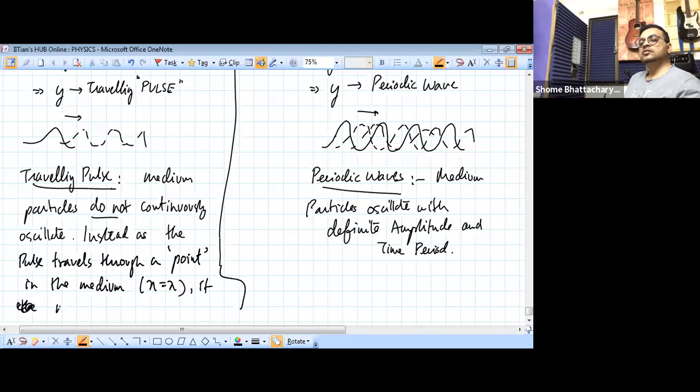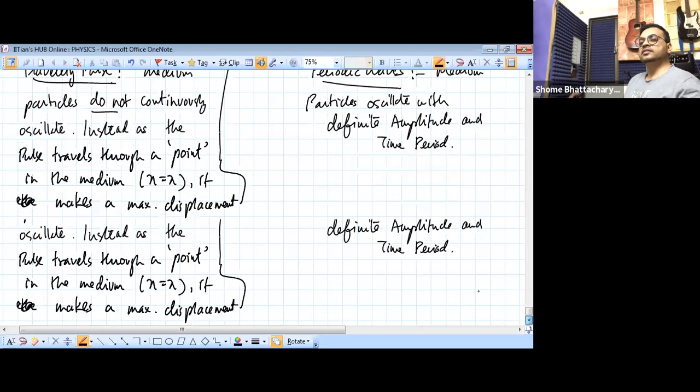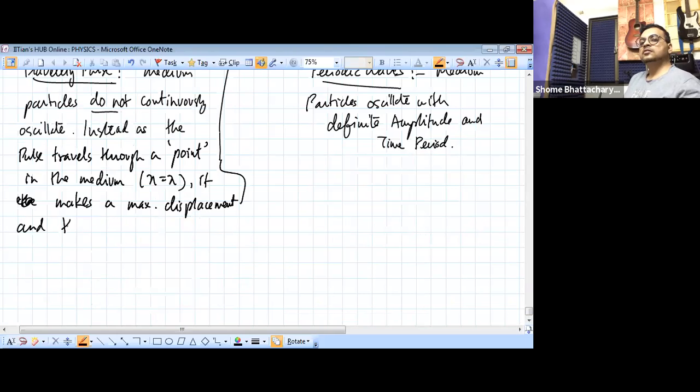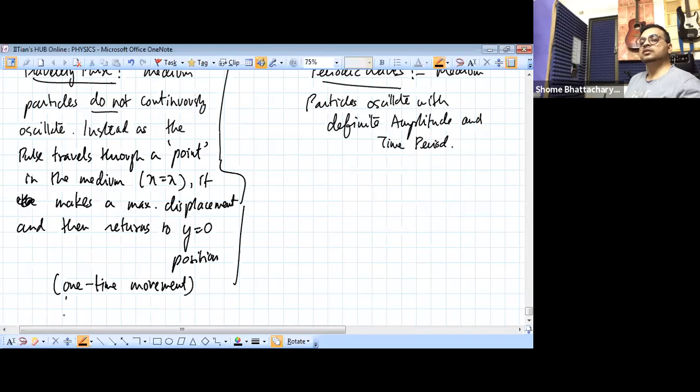It makes a maximum displacement and then returns back to y equal to 0 position. Okay. So it's like a one-time movement, not a continuous oscillation for medium particles. Hence, there is no such thing as time period or amplitude for that matter. There's a maximum displacement and it comes back.